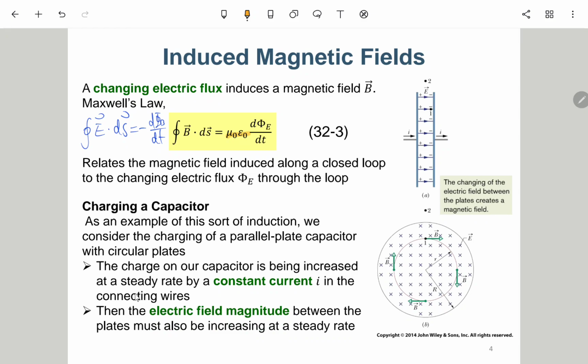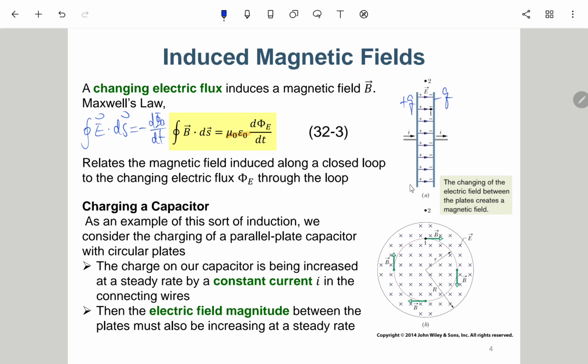Here it mentions that the charge on a capacitor is being increased at a steady rate by a constant current I in the connecting wires. So we have a capacitor here, and a constant current is charging this capacitor, which means Q is increasing. The positive Q and negative Q here are increasing at a steady rate.